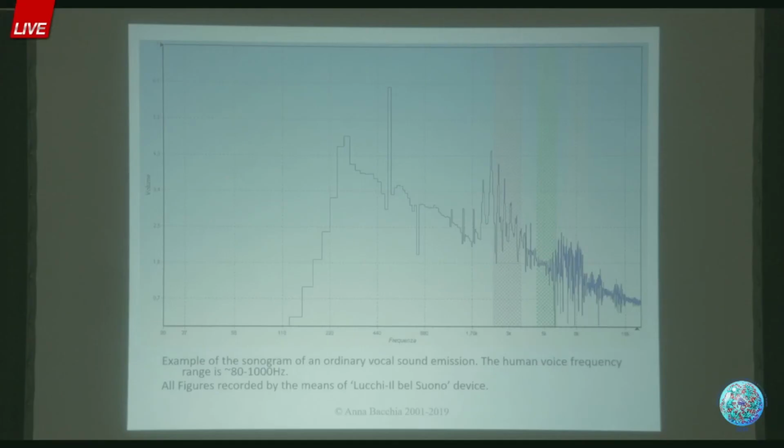And most of all, we can see what happens to our voice. There is a normal sonogram of our voice, and it looks like this.